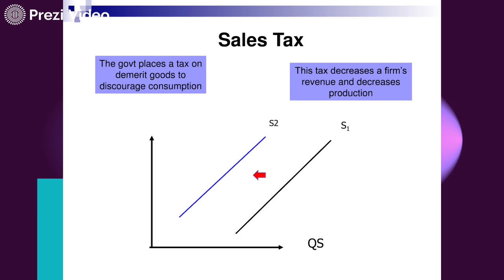So revenue is the money coming in, therefore decrease the production. So that will cause a shift to the left as a decrease of supply. And just remember here, see on the x-axis we've got QS, not QD, where we use quantity demanded.